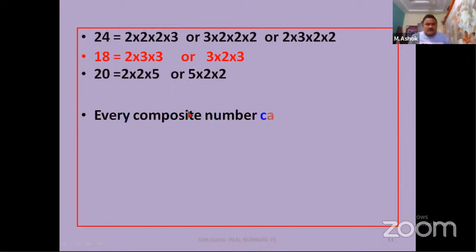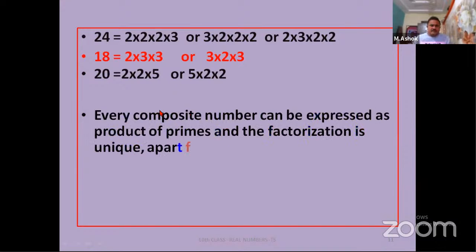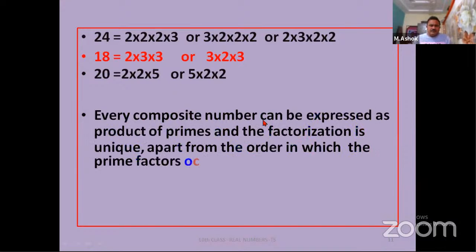So what we observe from this: every composite number can be expressed as a product of primes, and the factorization is unique apart from the order in which the prime factors occur.